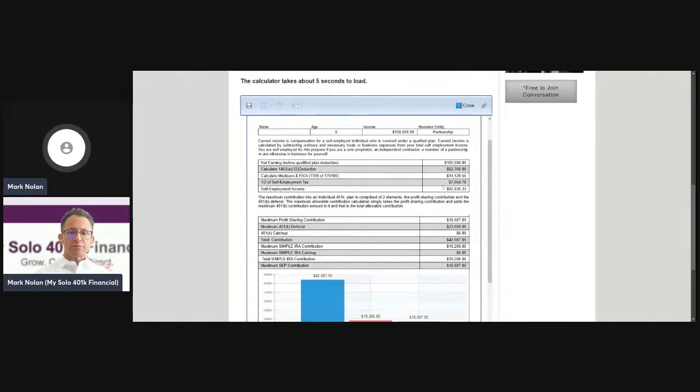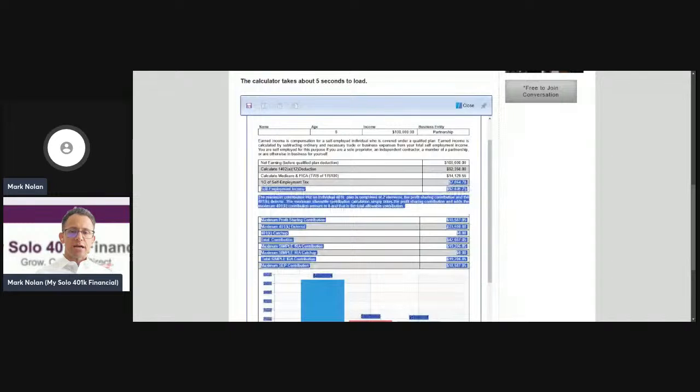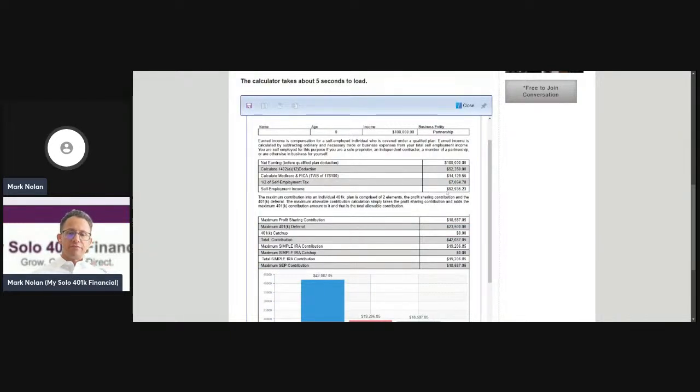The calculator subtracts 1/2 of self-employment income tax, leaving a net self-employment income figure of $92,935. You're only going to be able to contribute $70,000 as a voluntary after-tax solo 401k contribution because, again, the overall contribution limit for the Mega Backdoor Roth is $70,000 for tax year 2025.